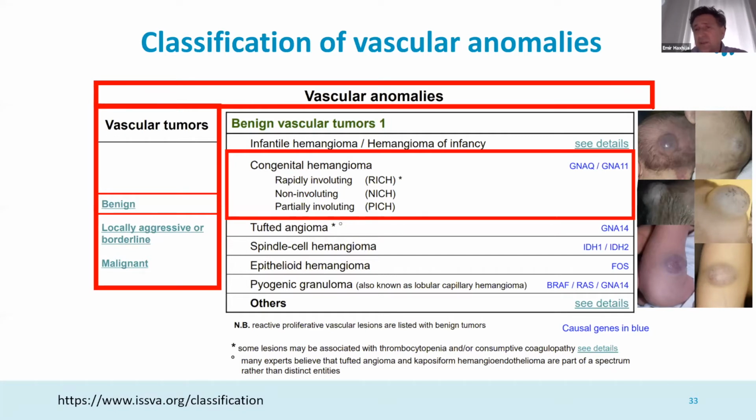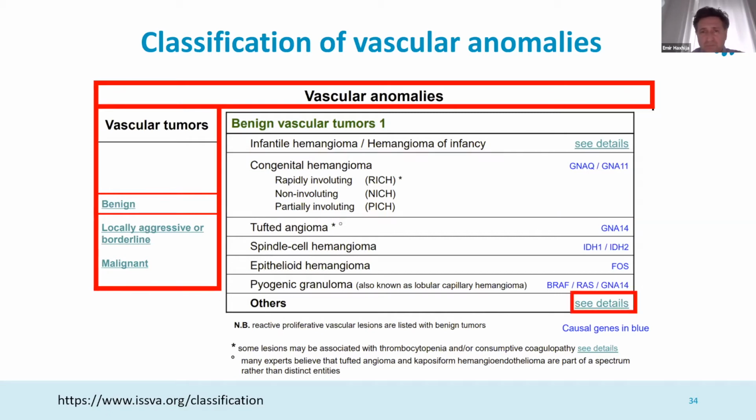And then sometimes it could be difficult to distinguish them from tufted angioma or some borderline vascular tumor. And maybe only the biopsy is going to distinguish it. But the majority of these tumors would disappear by themselves, while the non-involuting or partially involuting congenital hemangiomas are going to stay and will require a surgical resection for removal if the parents wish.